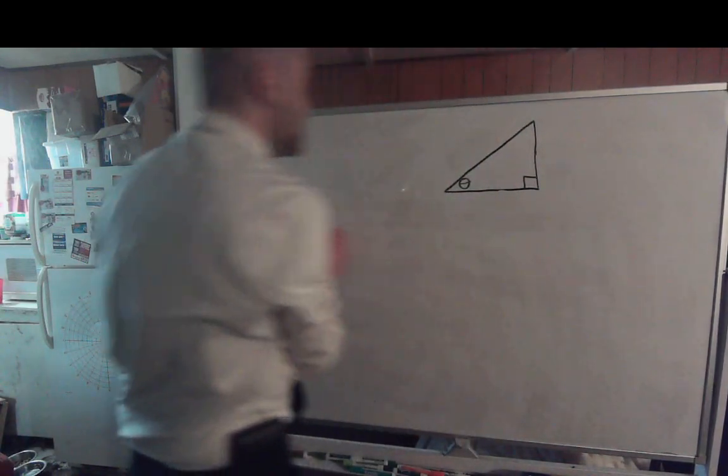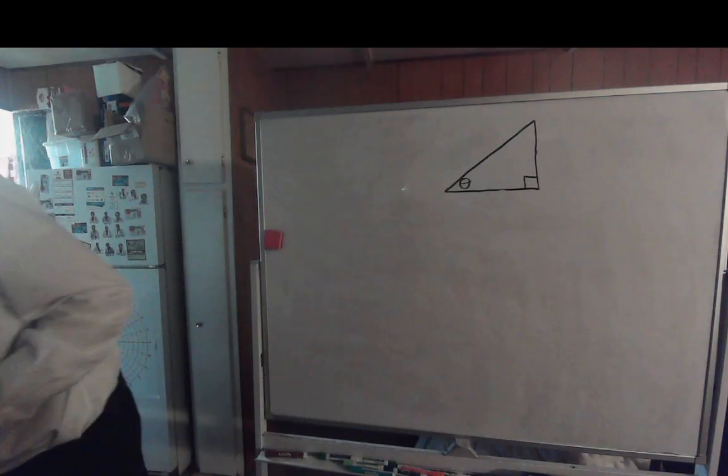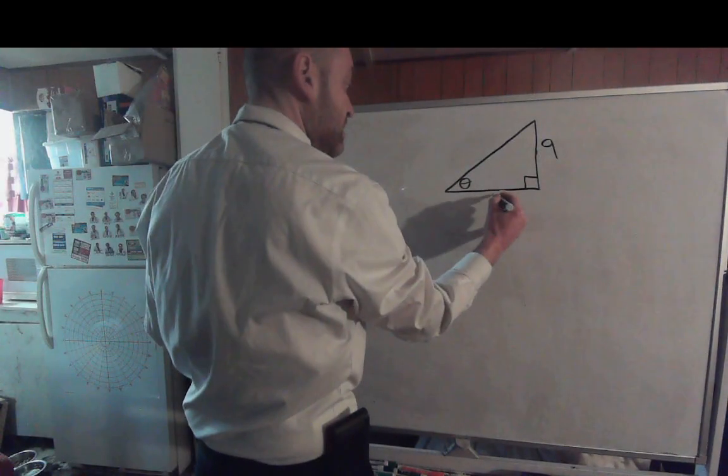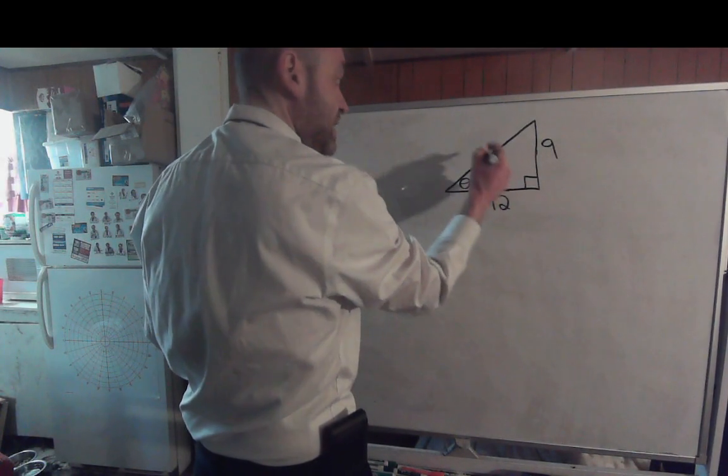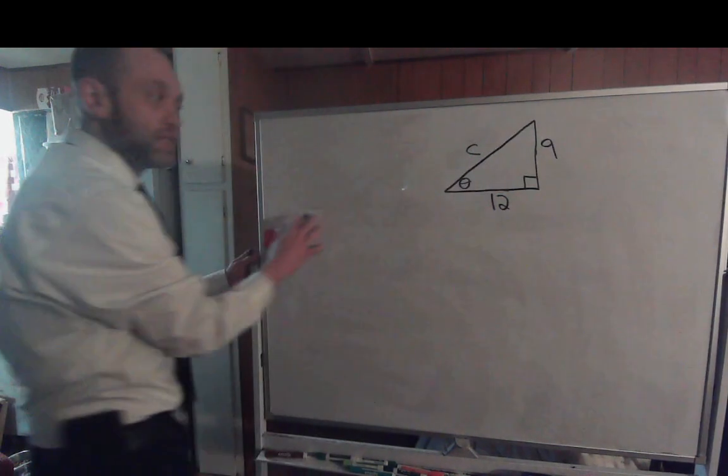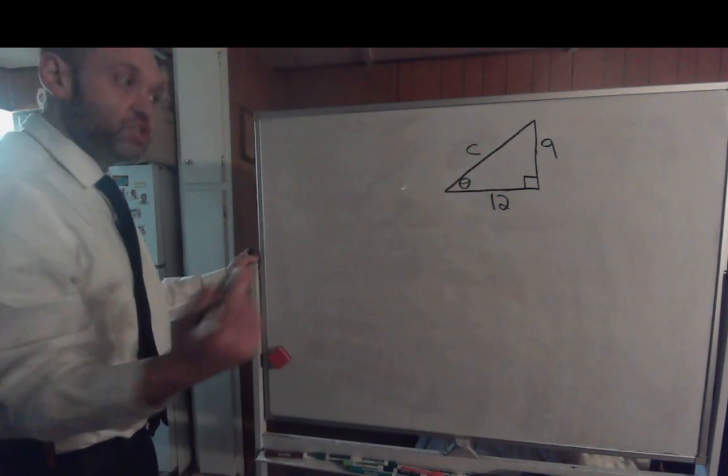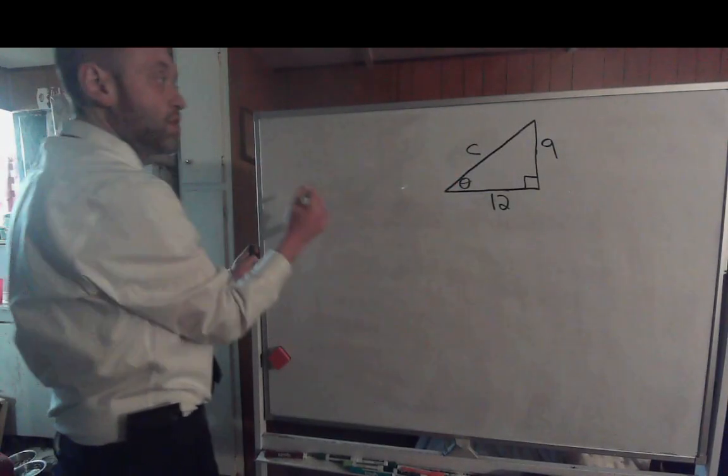All right, so we have the shorter leg is 9, longer leg is 12. Again, we don't know the hypotenuse, so let's call that C. So let's do Pythagorean Theorem to find the length of our hypotenuse.